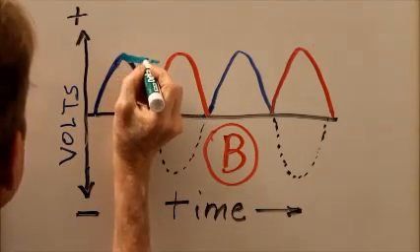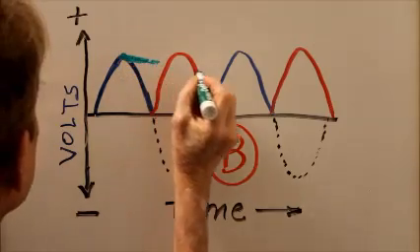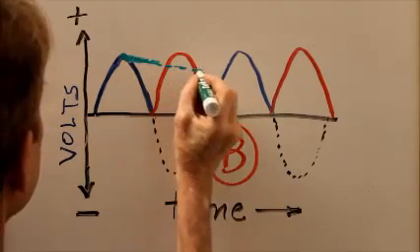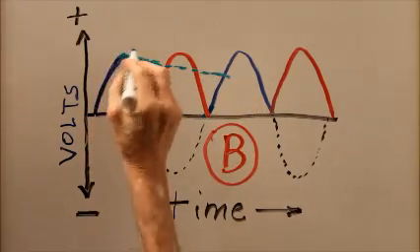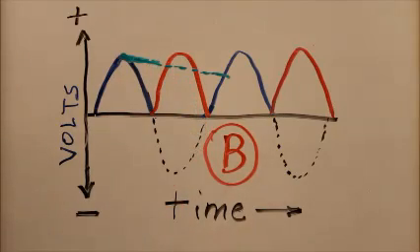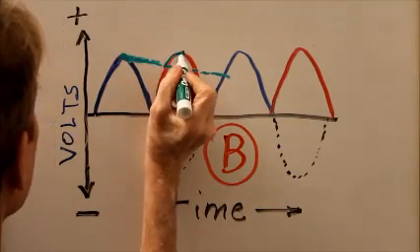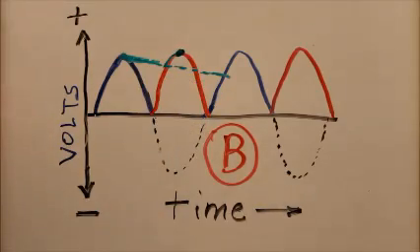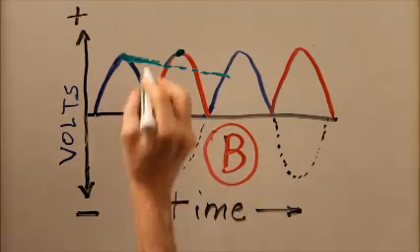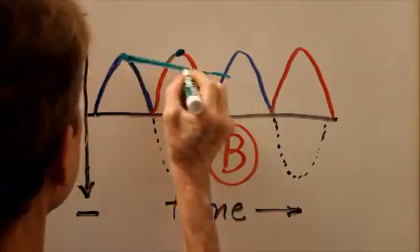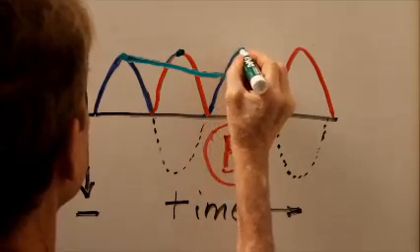You can get the idea that in half wave rectification, the decrement is going to go down farther than it will in full wave rectification, because you'll get a renewal of the charge sooner in full wave rectification than you would in half wave rectification.